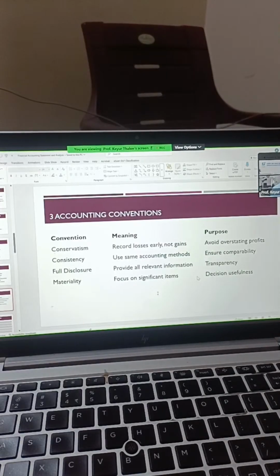So materiality is important. Okay. So it's important that decision usefulness means 19-20 will do, but 15-20 will not do. Does it make sense, guys? Yes. Yes.